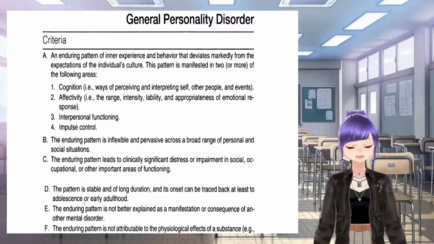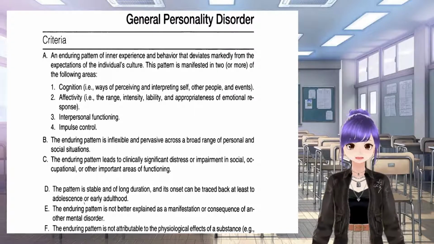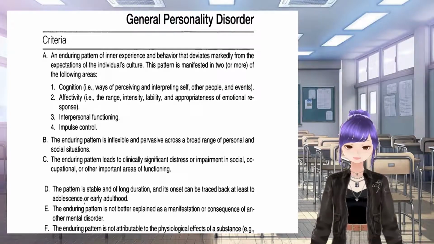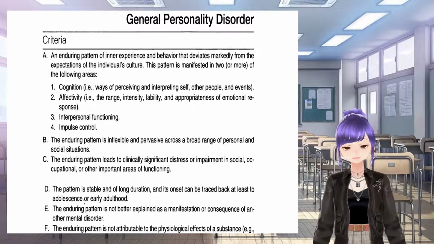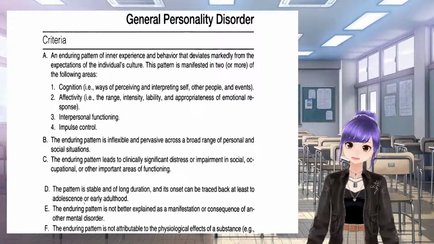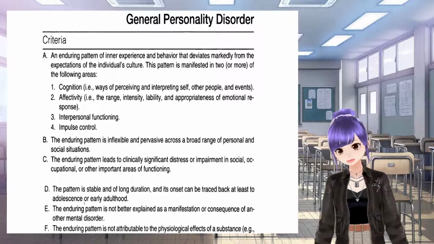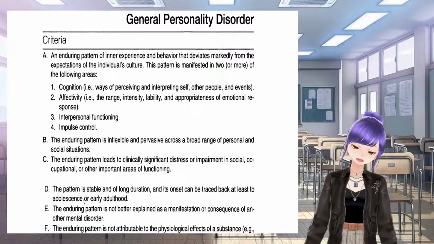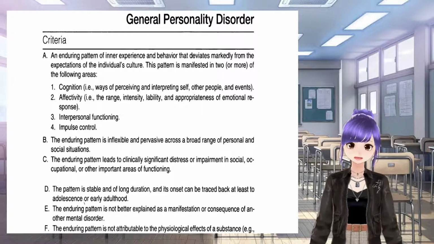And the enduring pattern is not better explained as a manifestation or consequence of another mental disorder, and is not attributable to the physiological effects of a substance, for example, drug abuse or a medication, or another medical condition, for example, head trauma.